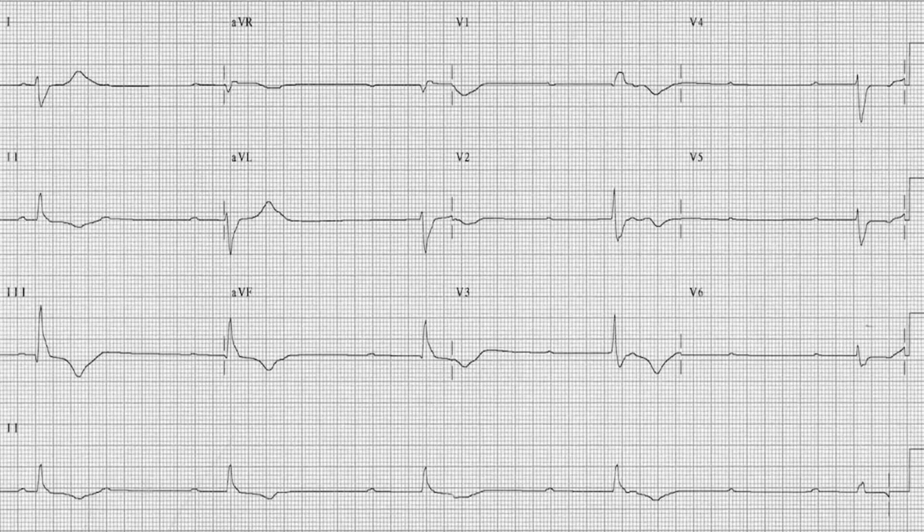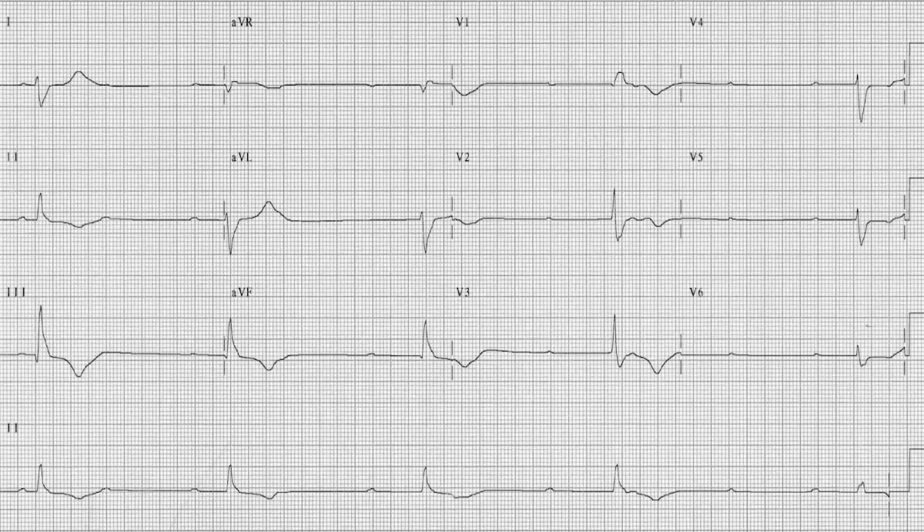Okay. So coming with this right axis deviation, in such a case we have to see in V2, V3, V5, V6, the slurred S wave in V6.